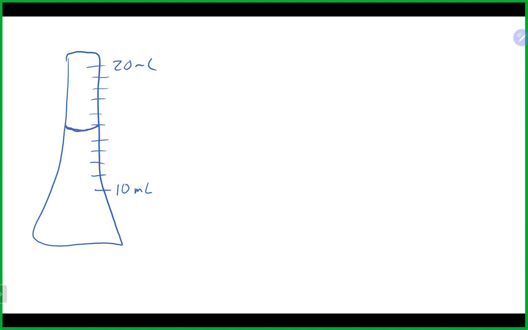When we measure a liquid, like water in a glass container, we typically will see the curvature of the liquid, dramatically drawn there as a U. And that is what's known as the meniscus. The attractive forces between the liquid and the glass are stronger than the attractive forces between the liquid and itself.